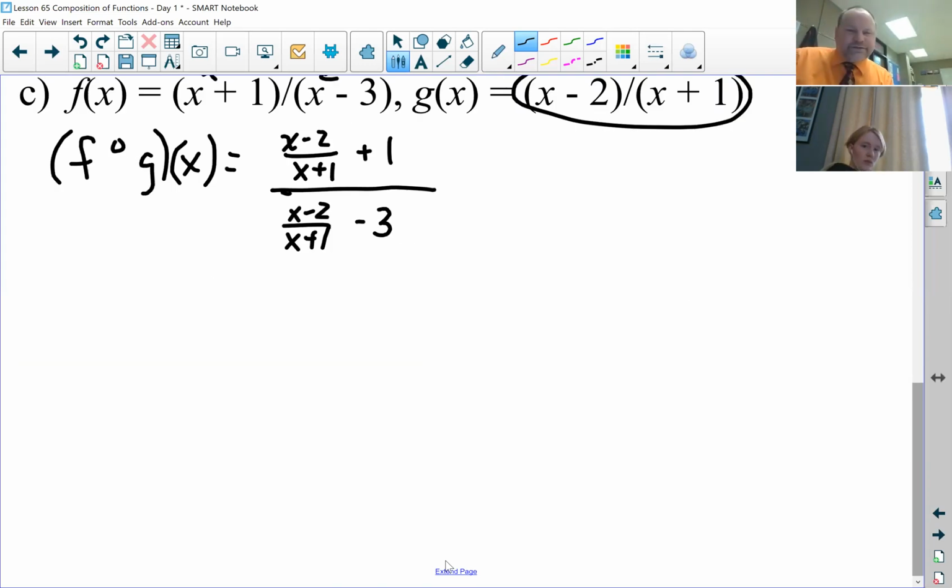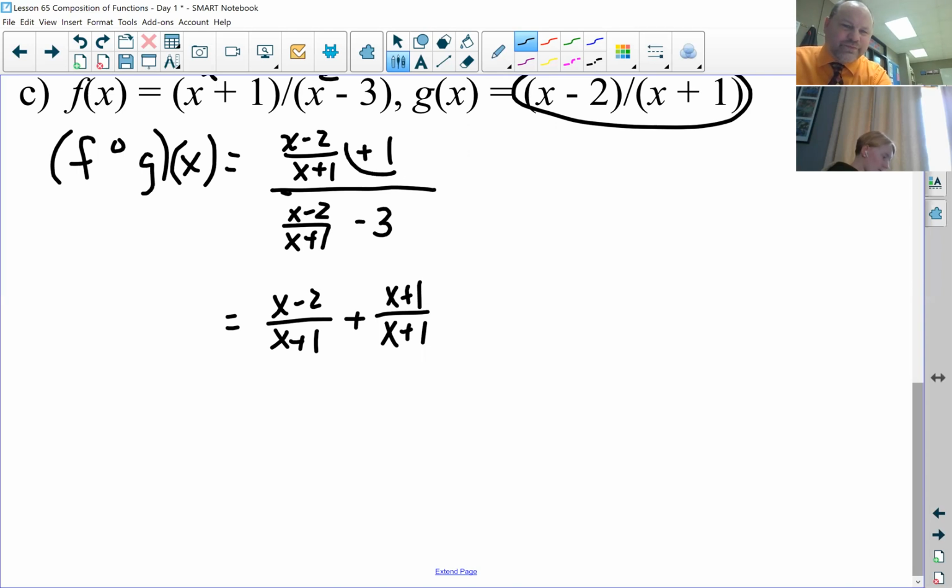Now, this is one that I would recommend simplifying. All right. So in that top fraction, I would have a common denominator of x plus 1. And the nice thing is that second value there, that plus 1 here, can be written as x plus 1 over x plus 1.